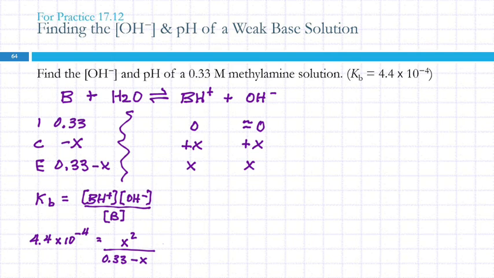So same thing we were doing with weak acids, right? What are we going to do next? Well, negative log of what, though? But we don't know the OH concentration yet. We have to figure out what X is. That's okay.